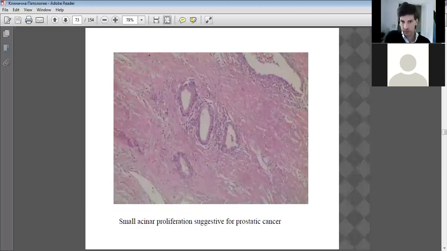Lots of pockets here are proliferating. These areas here in the center, eventually these grow in size and harden the gland. Okay. The hardening is probably related to the death of certain cells and their replacement by fibrous tissue.